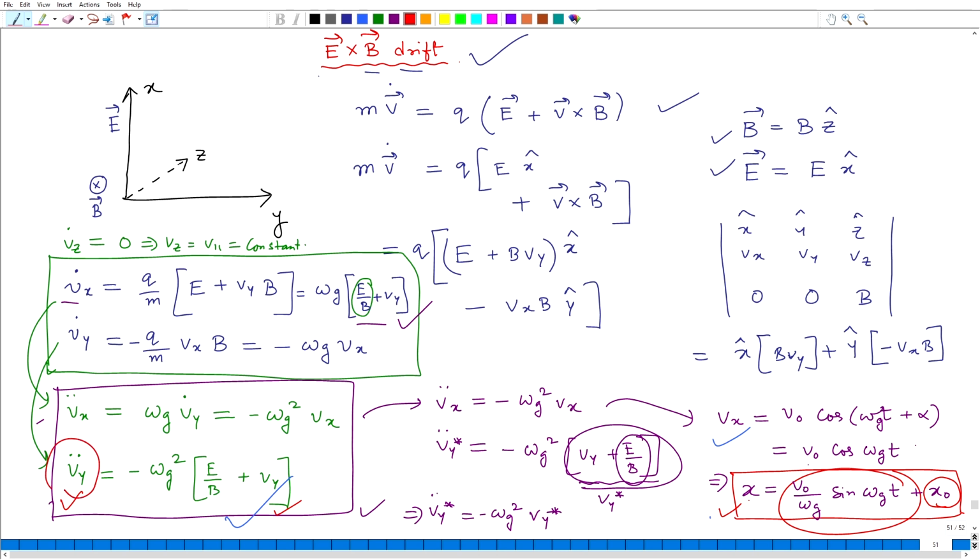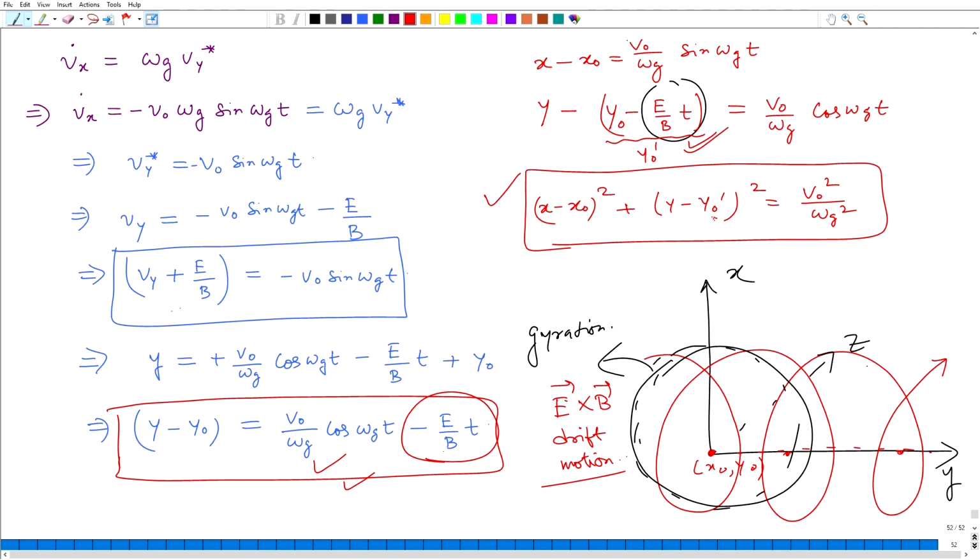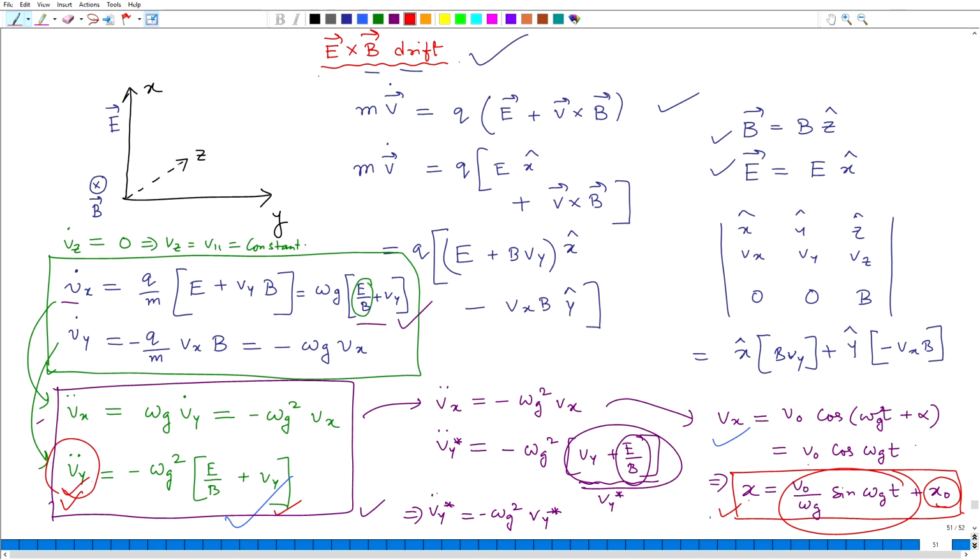So, in this V y double dot, you will see that there is a term which is E by B. This E by B is the extra term which comes as a special velocity type of thing in this y component of the velocity.